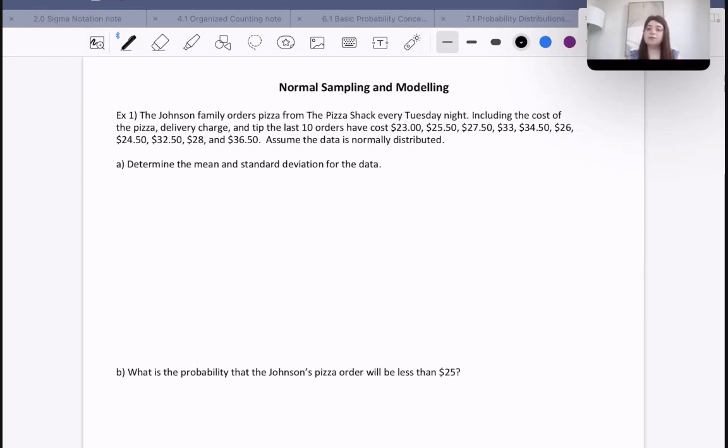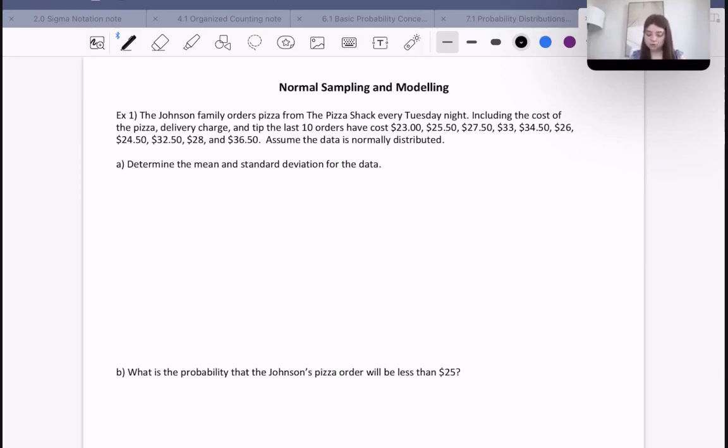Okay, so the mean is relatively simple. The standard deviation is going to take us a while to solve. So remember back in, I think it was Unit 2, when we talked about how to find the mean and the standard deviation when we were given various data points. We're going to do the same thing here.